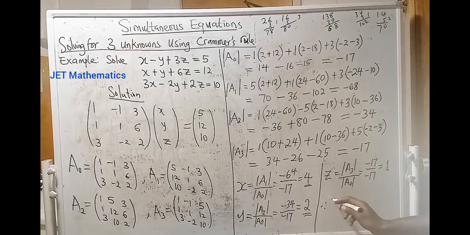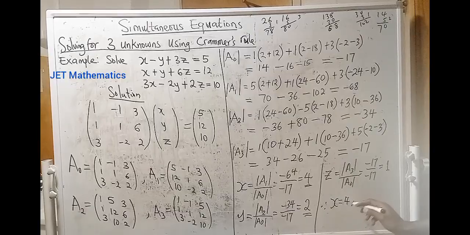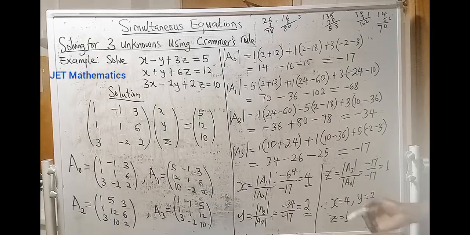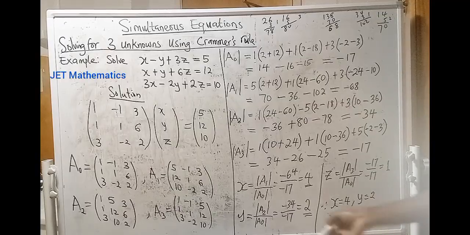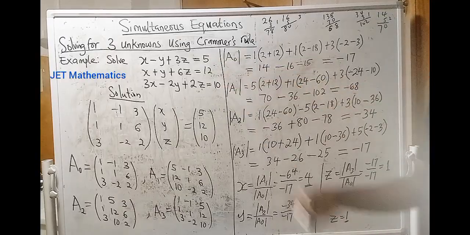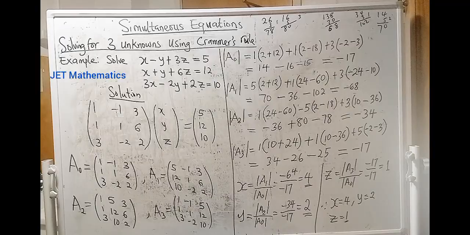So therefore, x is 4, y is 2, and z is 1. So these are the results. When you substitute them into those equations, you certainly get the right hand side.